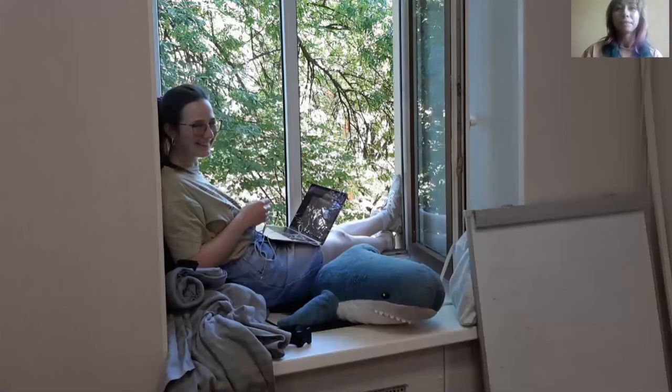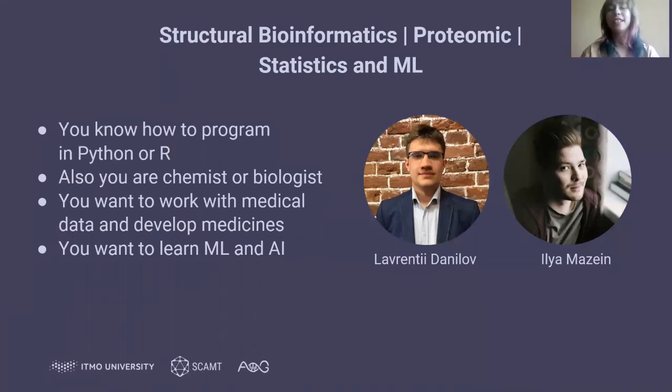And the atmosphere in our lab, as you understand, is very comfortable and soft. But I would like to say some words about the newest direction of our laboratory, structural bioinformatics and machine learning.